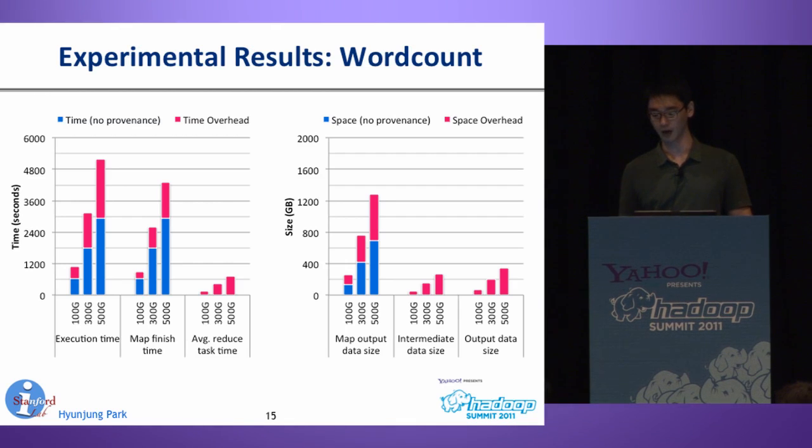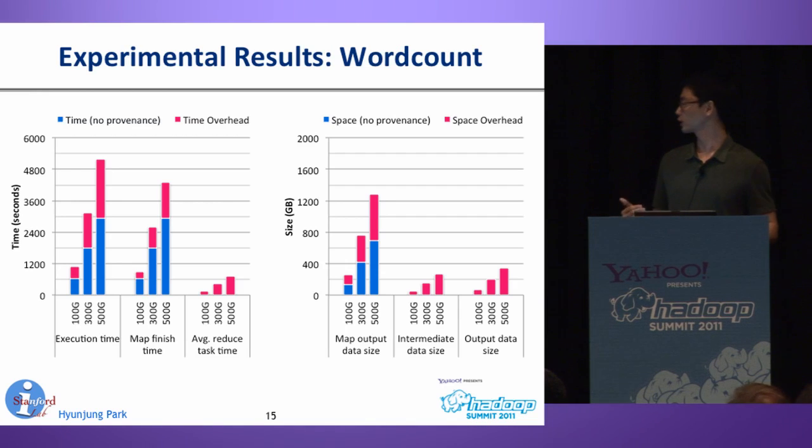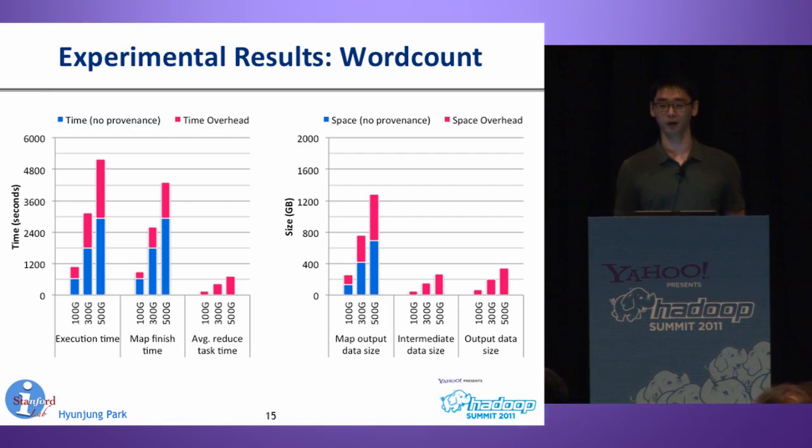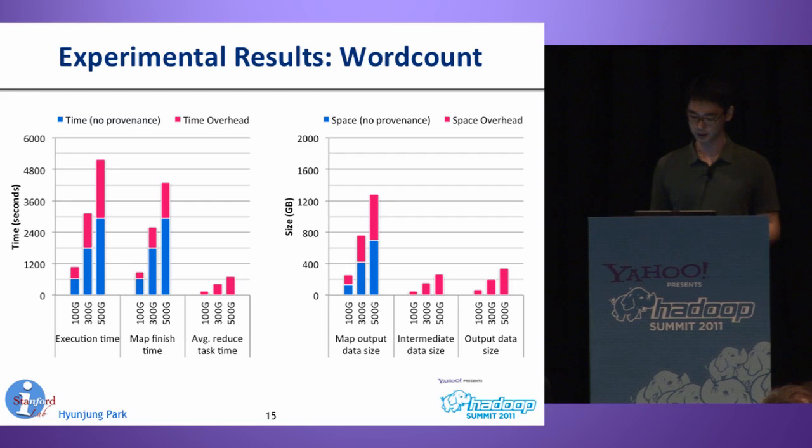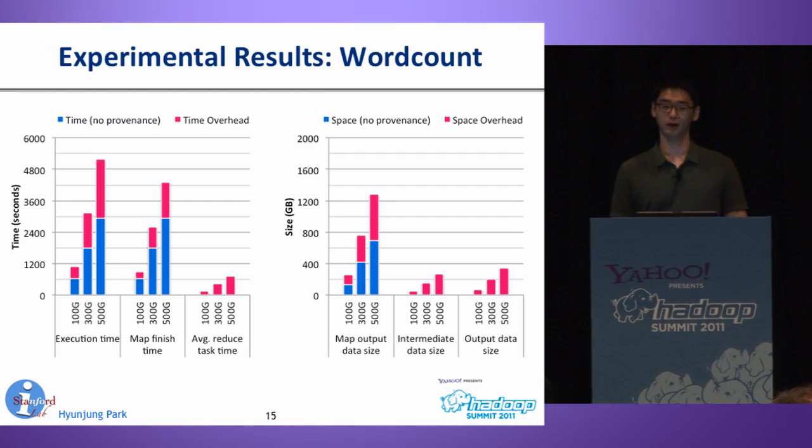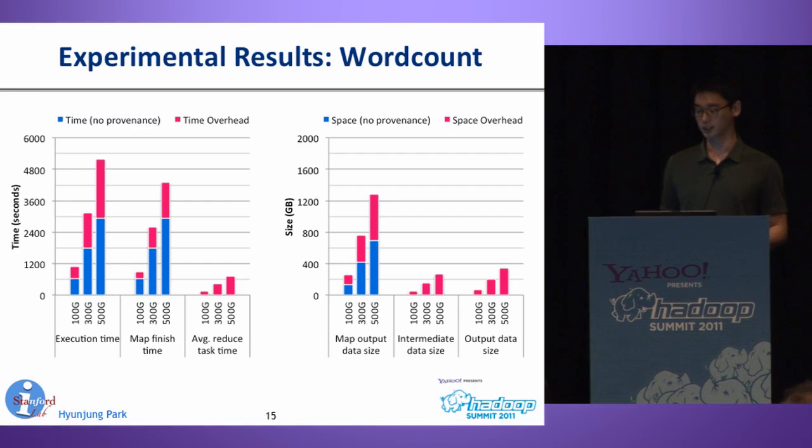And finally, there's the output data size. As you can see, for word count, almost all running time is spent in the map phase, and the combiner is very effective. We are using 8,000 random English words, so intermediate data size and final output data size are both very small.